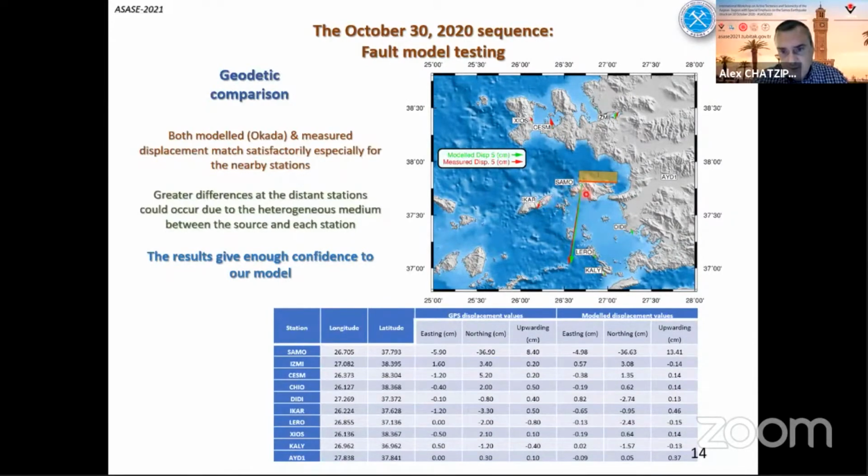However, they are in very good agreement, at the Samos and Ikaria stations. This model comes in good agreement. So we think that our proposed source model is confident enough. And you can see the comparison between the GPS displacement values and the model displacement values. In most cases, they are very similar.